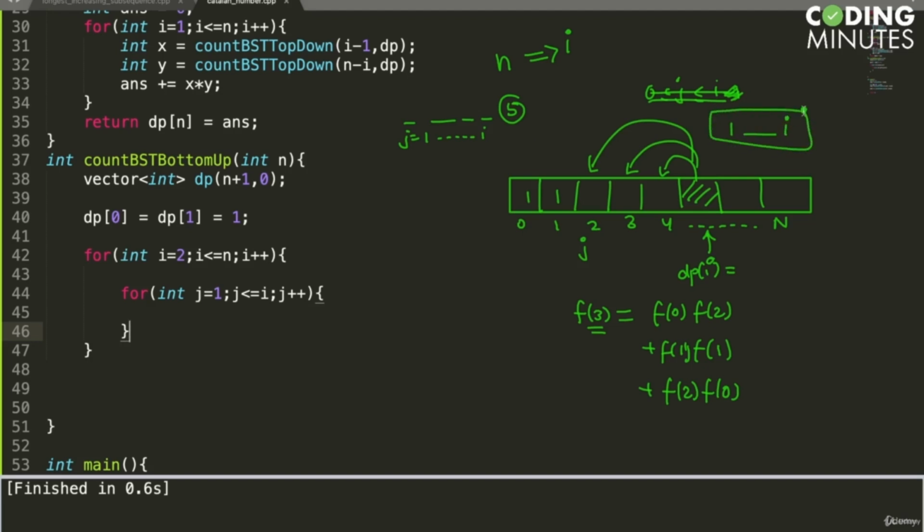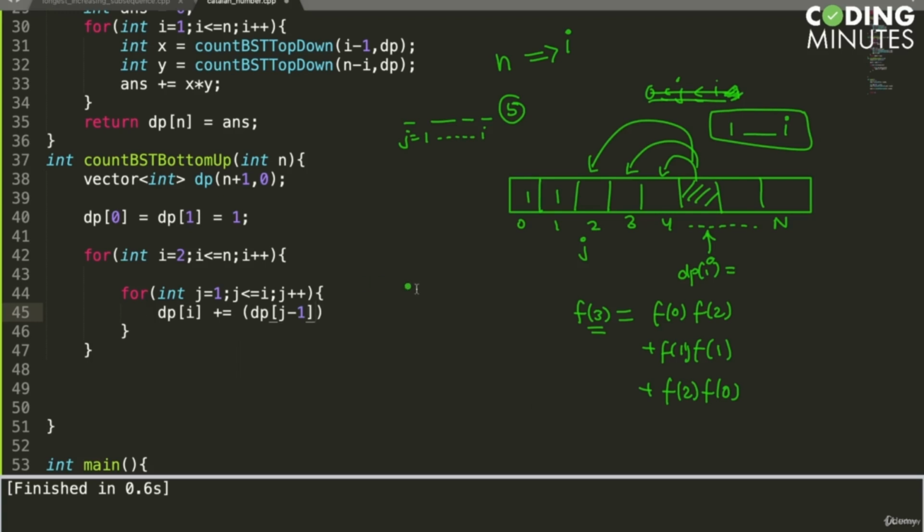So if we make 1 as the root node, then what will happen? If we make 2 as the root node, then what will happen? This is what we are doing. So we can say dp of i, that is our current answer, it will be incremented by a factor of dp of j minus 1.